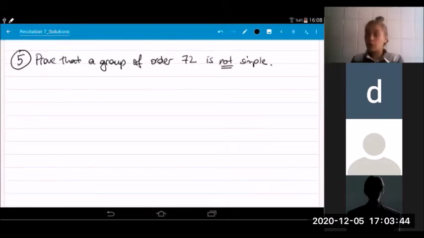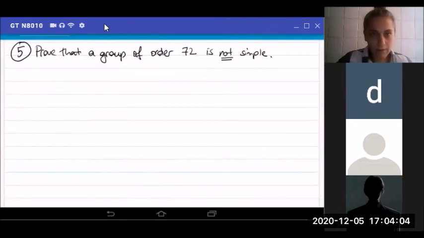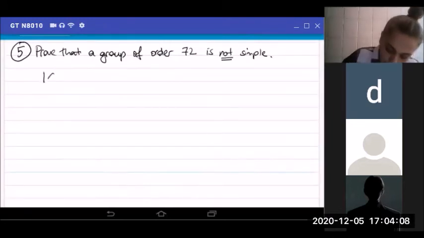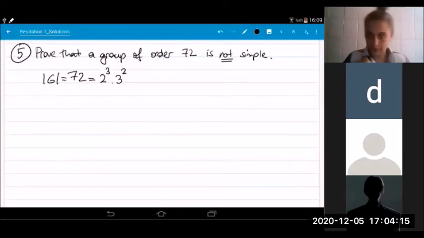So for this group, we know that by just looking at its order, there is a non-trivial proper normal subgroup. Okay? So, for this, let us consider some Sylow subgroups. Now, the order of G is equal to 72, which is 2 to the power 3 times 3 to the power 2.